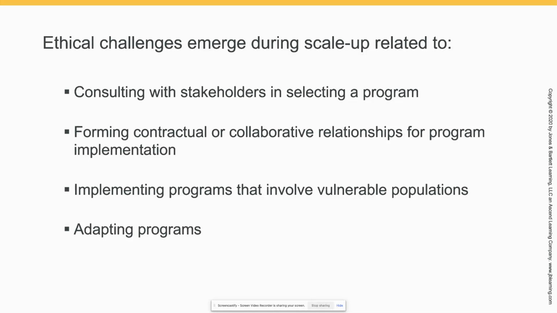Contractual or collaborative relationships for program implementation: just make sure you are careful in how you are hiring people, and who is at the table when it comes to program implementation, like who is providing that. Be careful when you are working with vulnerable populations. These are immigrants, Native peoples, disadvantaged groups, minorities, young people.